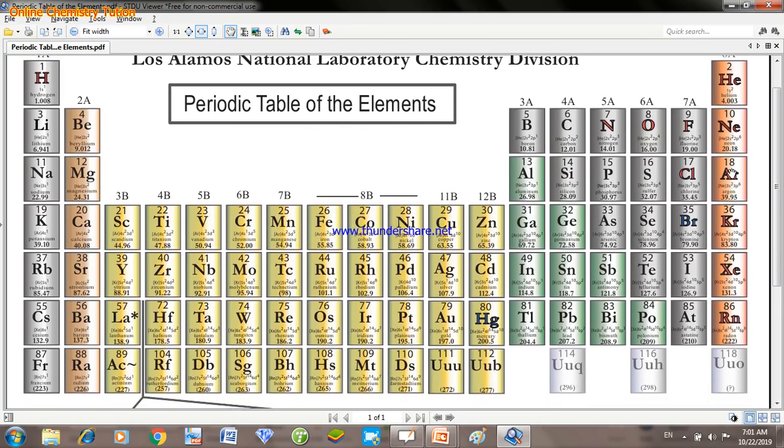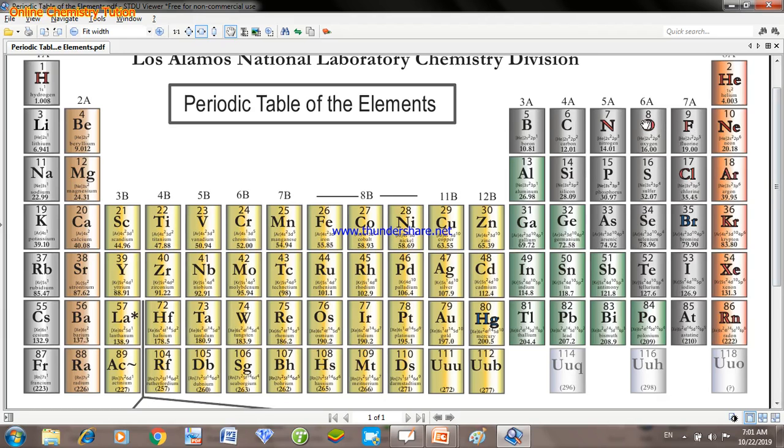Now we know the basic requirement of forming a chemical bond is to get an electronic configuration like these noble gases.